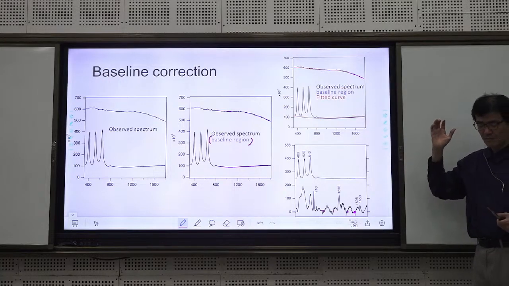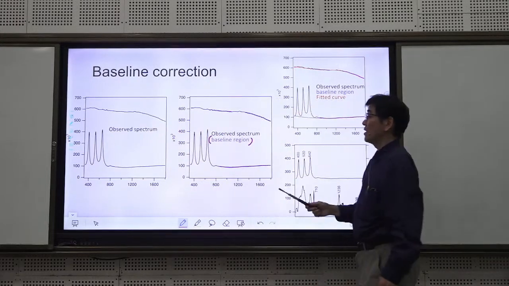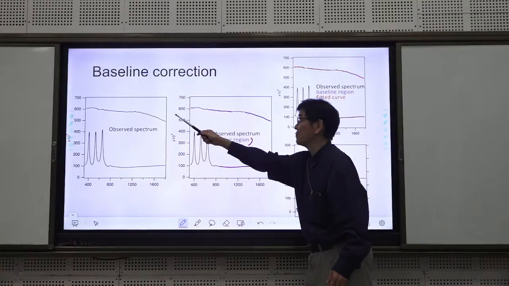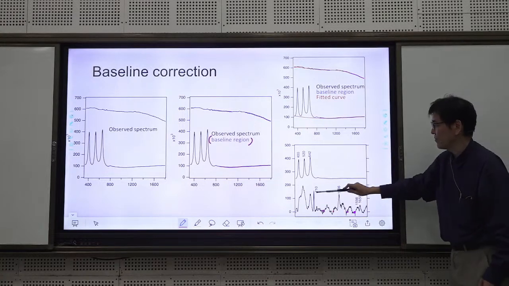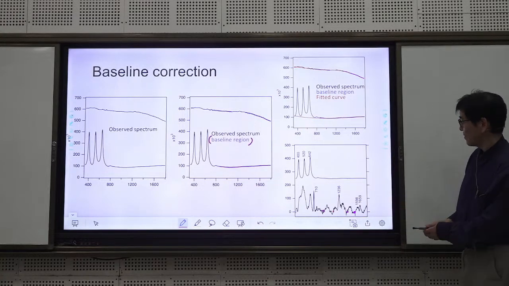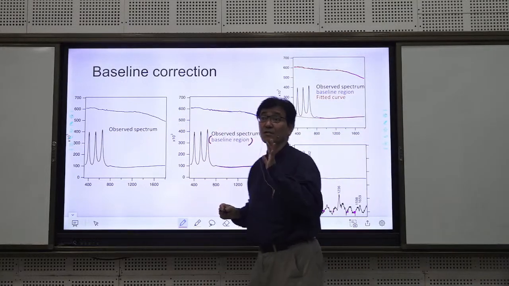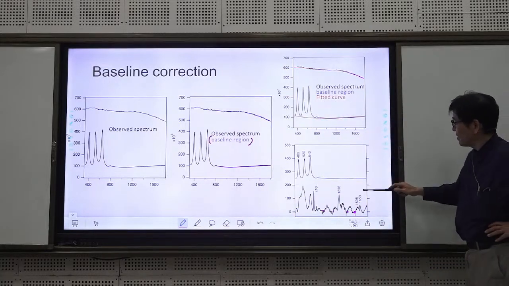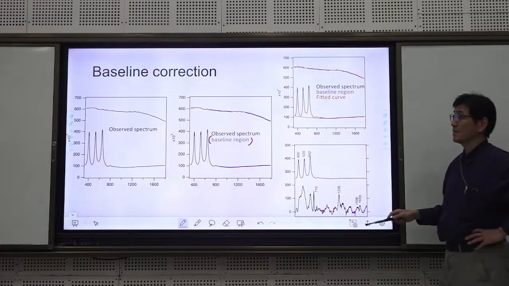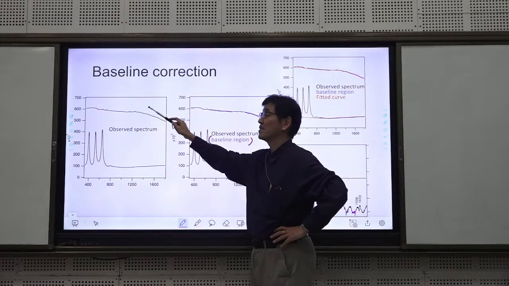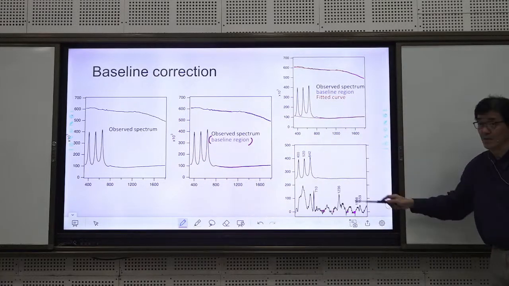So the most important point is to get a good spectrum. That's true. And after getting a good spectrum, please try to subtract the baseline. Then you will find peaks. It may be relatively smaller than the fluorescence background, but it does not matter. Okay? So do not give up even if you get a spectrum with fluorescence. You have some chance to detect peaks.